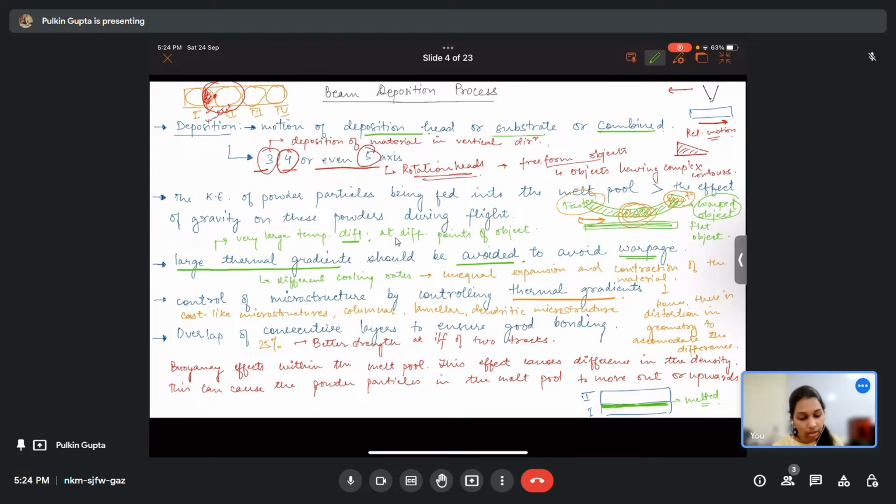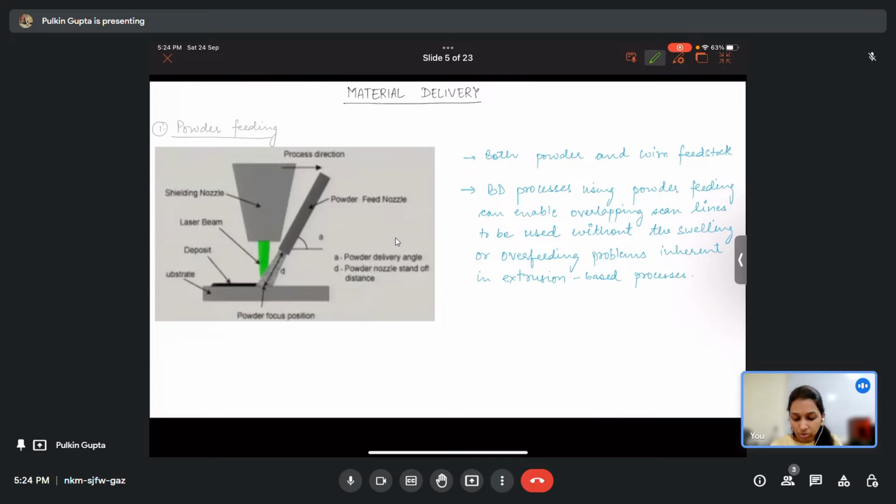Okay, now we come to the material delivery. Material delivery is basically the delivery of the raw material to the substrate.